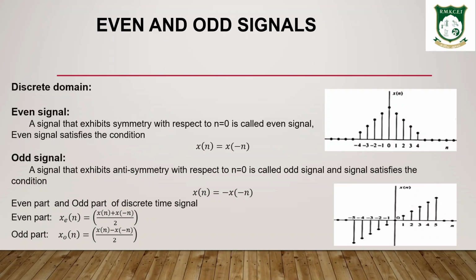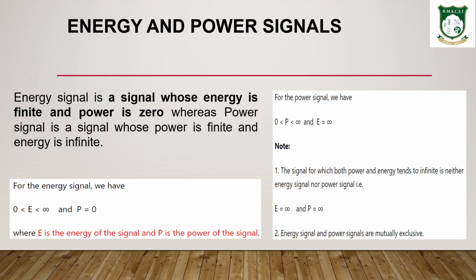Next, energy and power signals. This is one of the important topics under classification of signals. What is meant by energy signal? We have some formulas. Using those formulas we will find out the energy of the signal as well as the power of the signal.